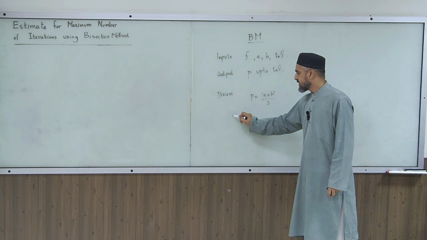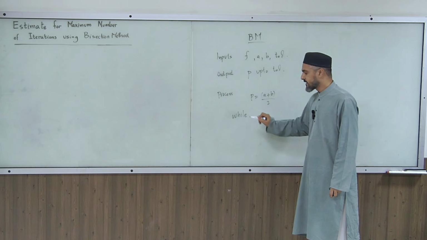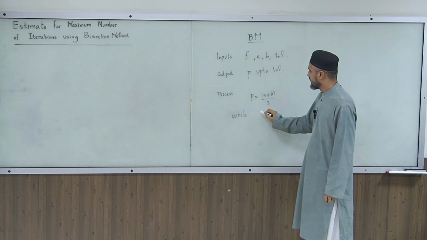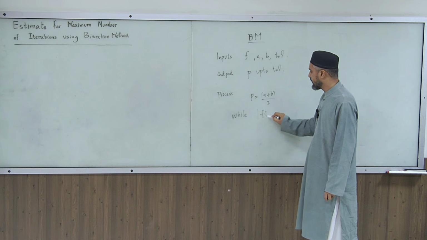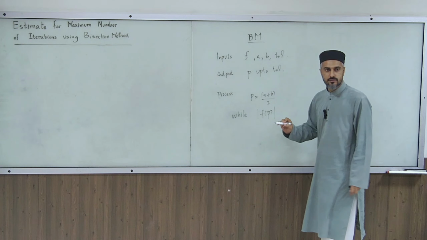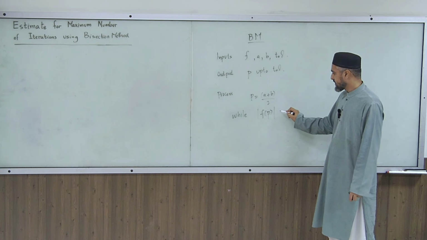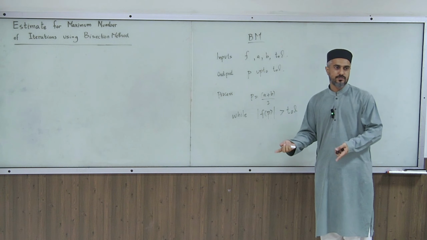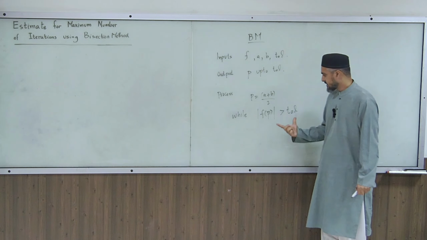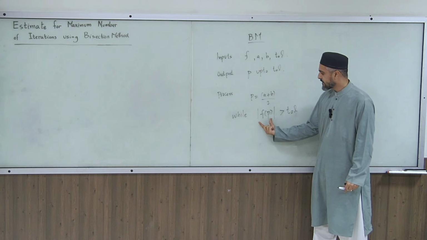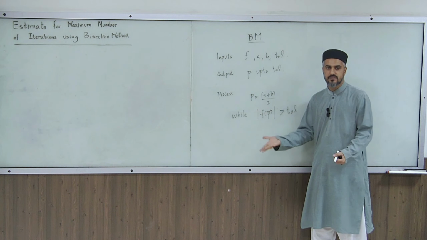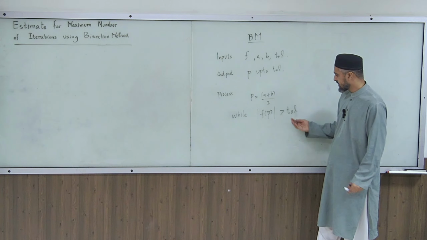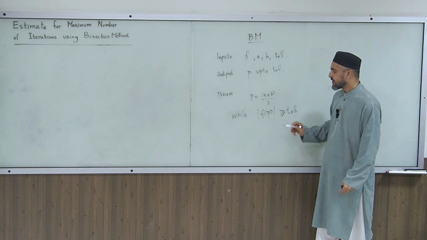Then we apply a stopping criterion: the absolute value of the function at the point P should be less than tolerance. If it is less than tolerance, we got a solution, and if it is greater than or equal to tolerance, we need to find a solution.